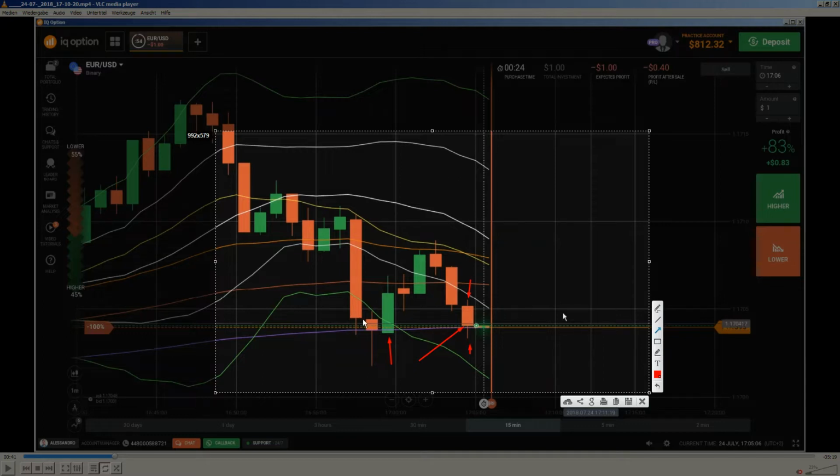That's the reason why I entered immediately into a call trade, because I was expecting that price would shoot up further, because of this double bottom forming.